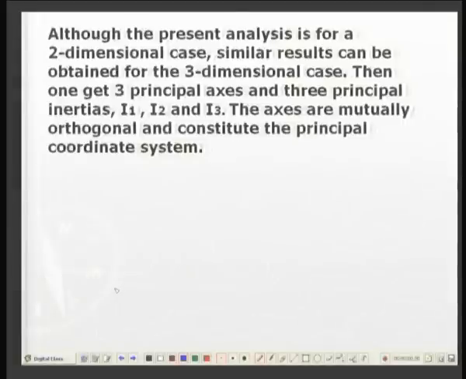And these three directions are always orthogonal. These are standard results from the eigenvalue problem, but we are not discussing them in detail.